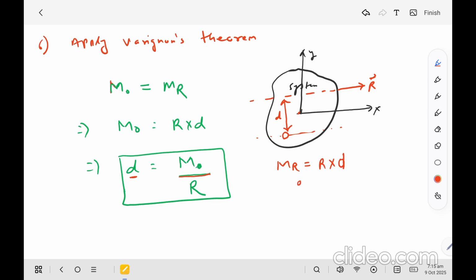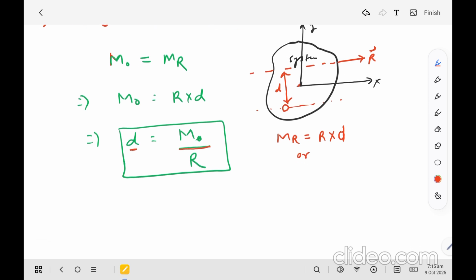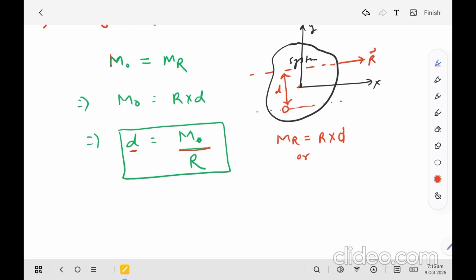We can also consider the earlier geometry. Let's say this is the point O here, and the resultant is somewhere here.